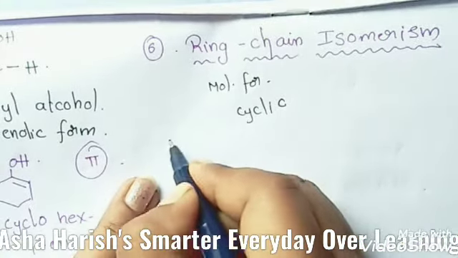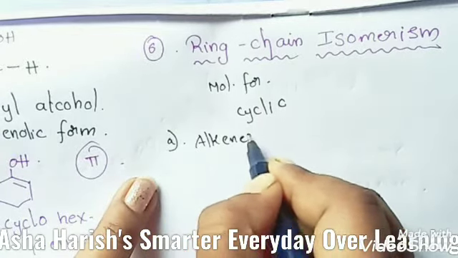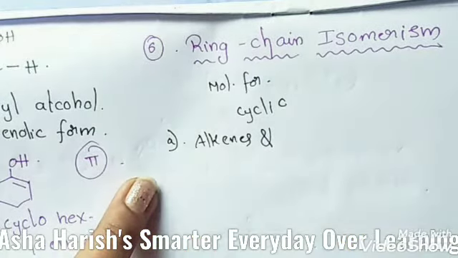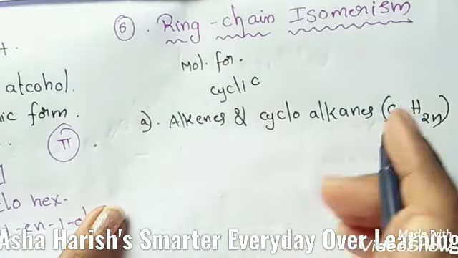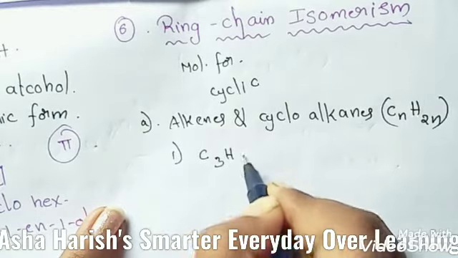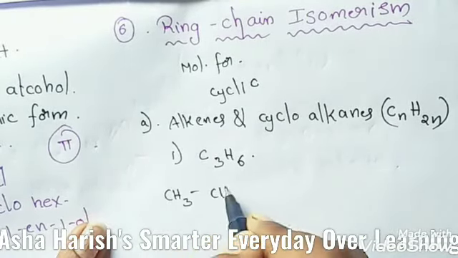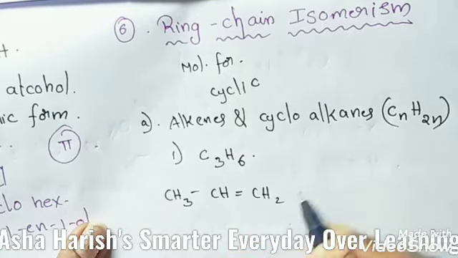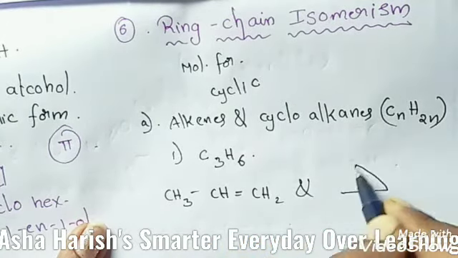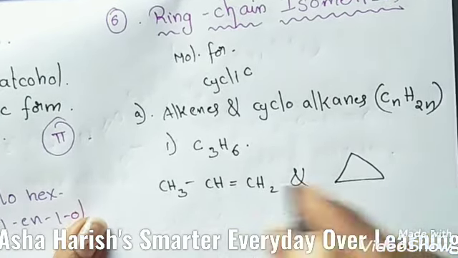For example students, here the first one, A, alkenes and cycloalkanes, CnH2n. Here is the example, C3H6 represents CH3CH double bond CH2, and this is cyclopropane, okay, which are ring chain isomers.